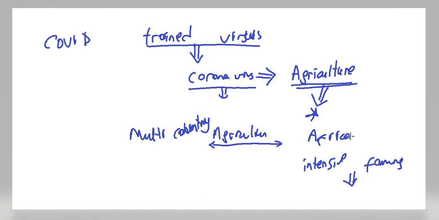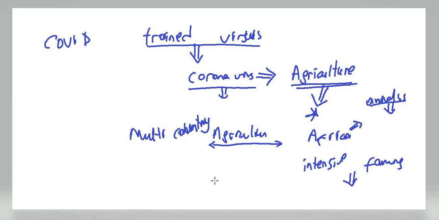Okay, in Africa we have too many animals. Okay, too many animals, and the agricultural lands are constantly facing wild animals and eventually making perfect niches for viruses.